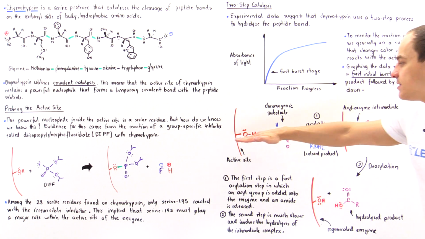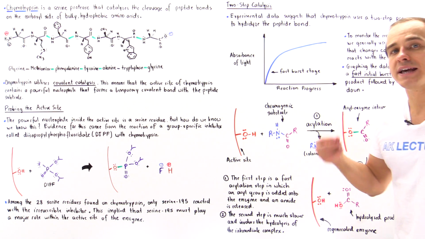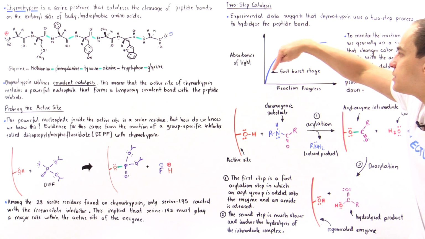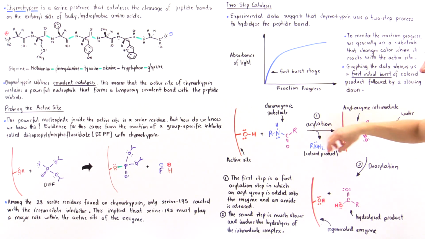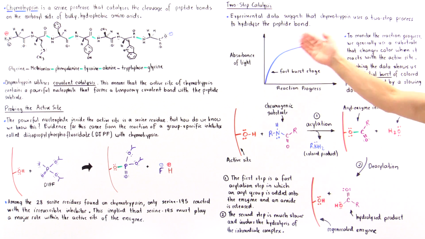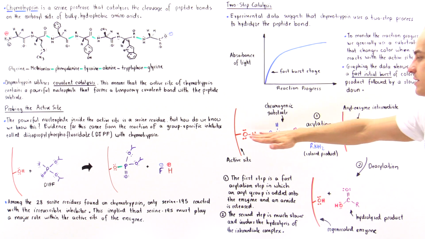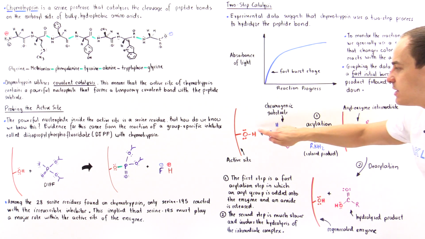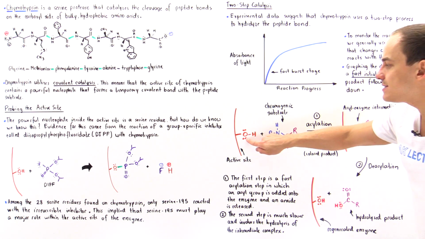And so as this reaction takes place, the acylation reaction takes place very, very quickly, and that's why we have a fast initial burst stage. And as this is produced, this creates a color change, and we can monitor that color change on the following graph. Now, once this reaction takes place, this oxygen of the serine in the active site is acylated.